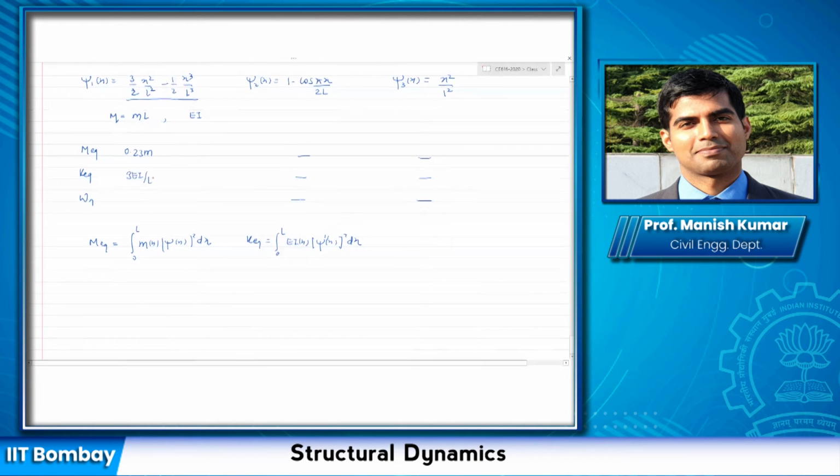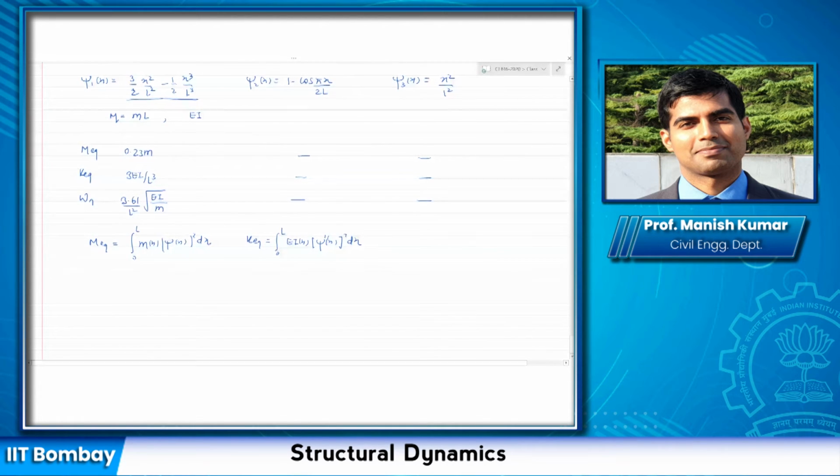If you substitute in the expression for omega n, it would be 3.61 times the square root of EI. If you want to write it in terms of mass per unit length, you can take L to the fourth outside, it would become L square like this expression here.